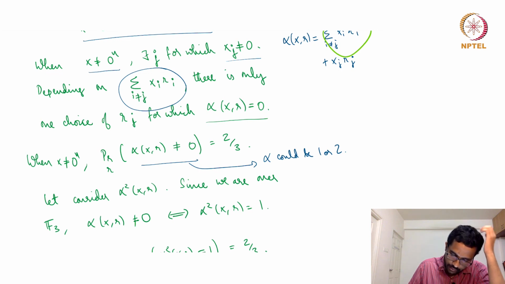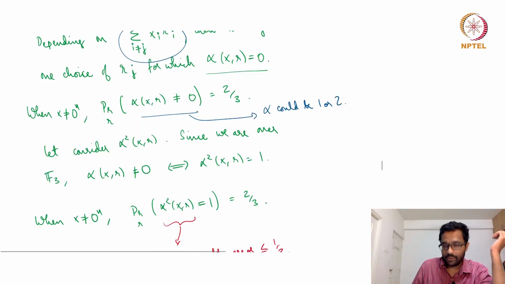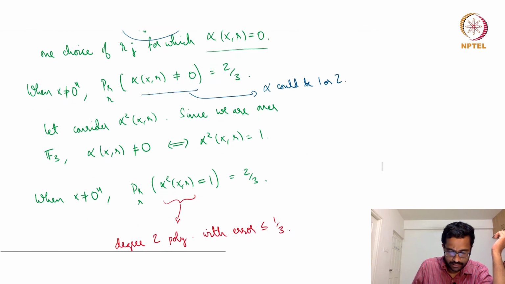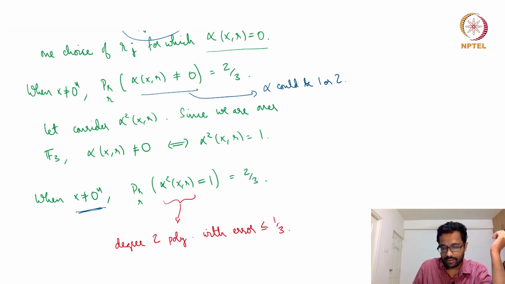So whenever alpha is not 0, alpha squared will be equal to 1. Right? So I can again rewrite: when x is not the all 0 input, the probability that alpha squared is equal to 1 is 2 by 3.